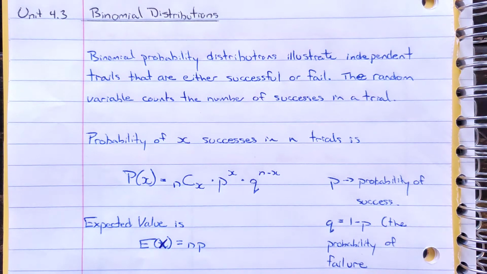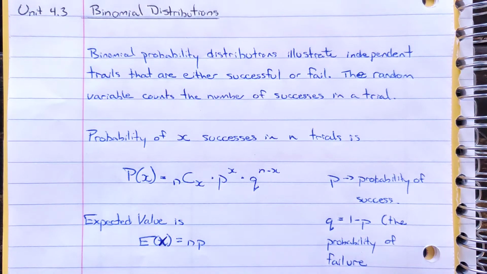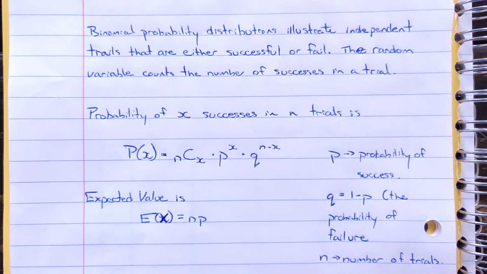And you'll see this a little more clear once we start doing some of the examples. And then the expected value is just the number of trials times the probability of a successful trial.